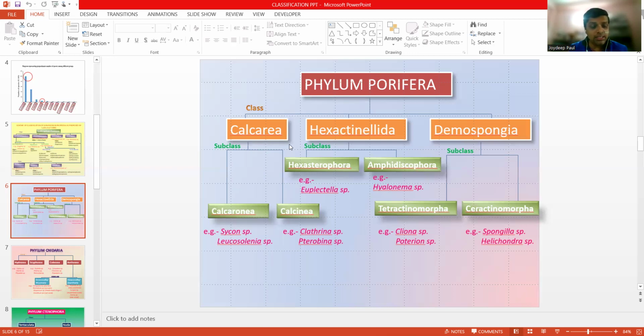So basically in this particular class, there are multiple different species, different animals being grouped under this class Demospongia. A few of them have endoskeleton made up of silica, while the others have endoskeleton made up of spongin fibers, which is kind of a protein.